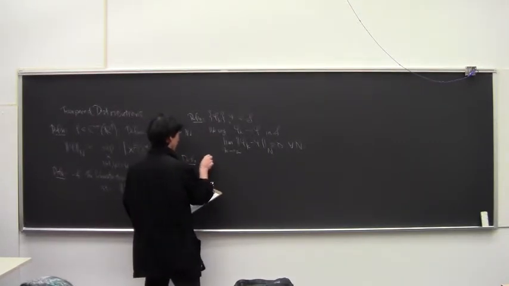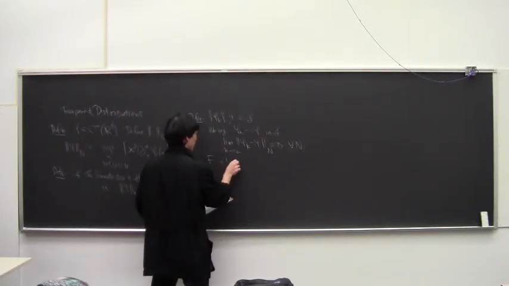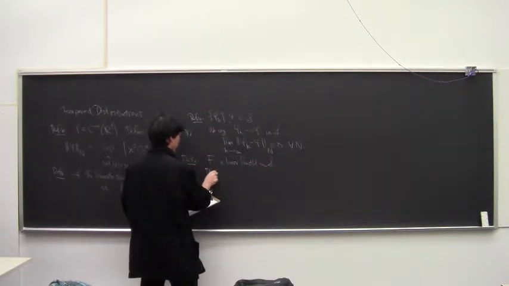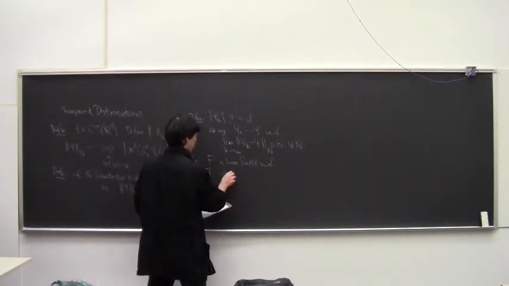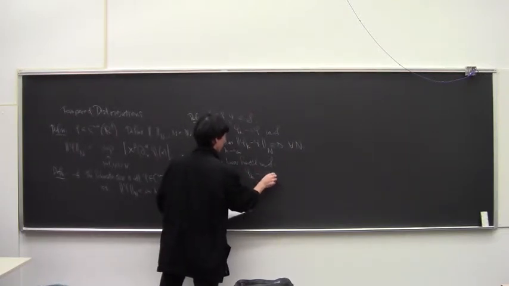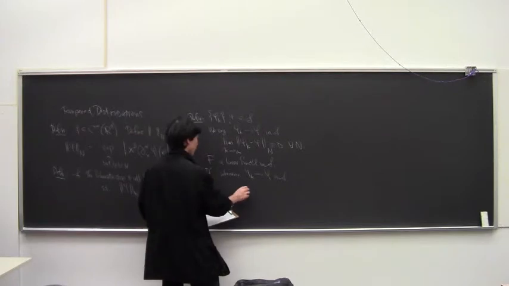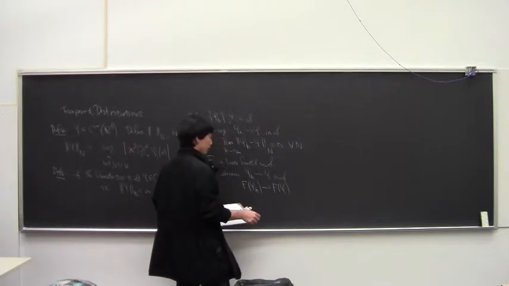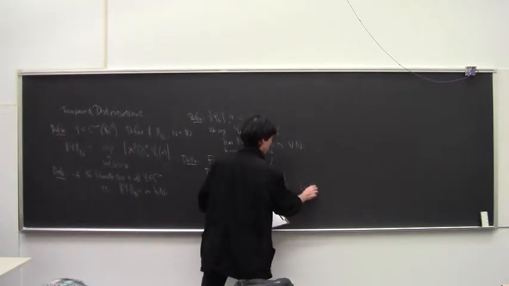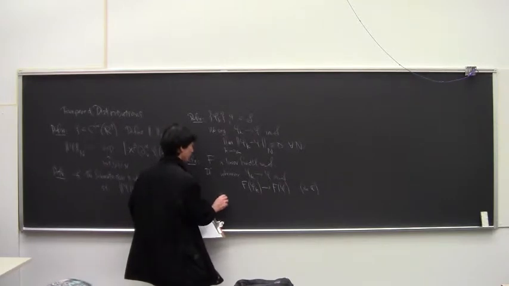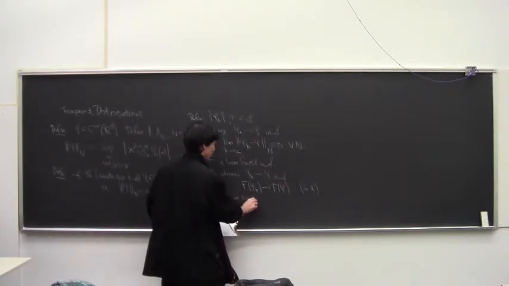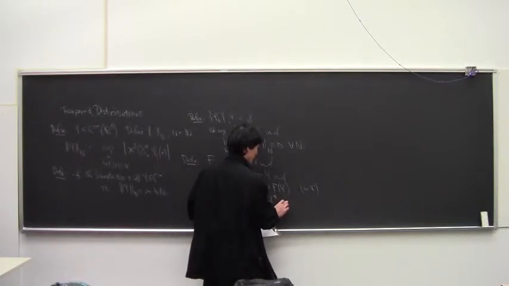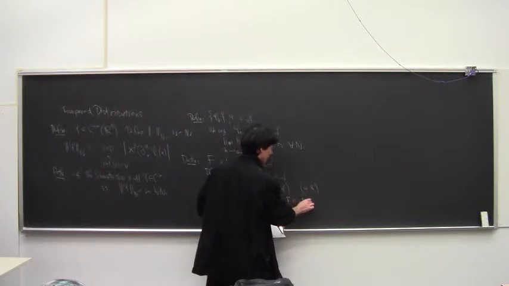Recall, if f is a linear functional on S, such that whenever phi sub k converges to phi in S, we have f of phi sub k converges to f of phi as numbers, then we say f is in S star, that is, f is a tempered distribution.